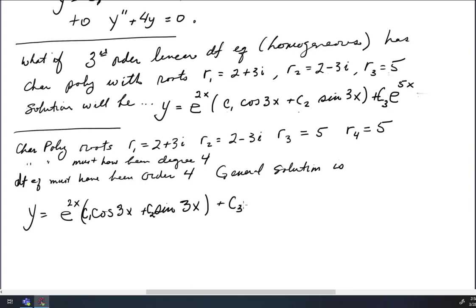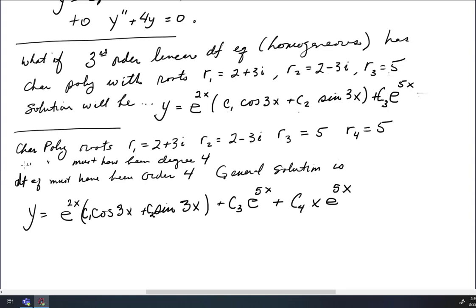plus C3 e to the 5x plus, and then as you know from problems we worked together and from reading your book, the repeated roots 5 and 5 would give rise to terms e to the 5x and x e to the 5x.